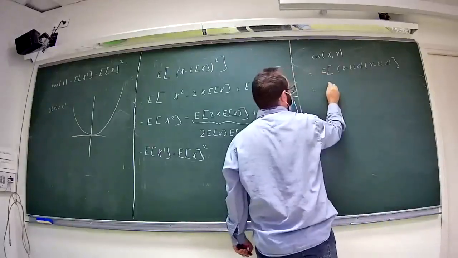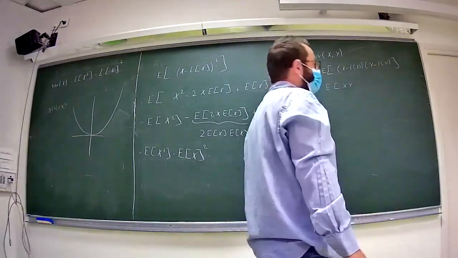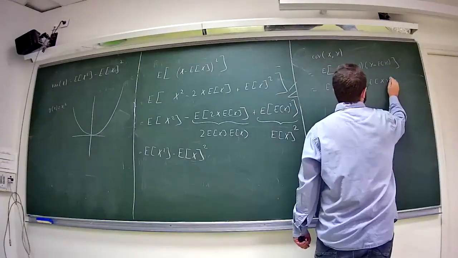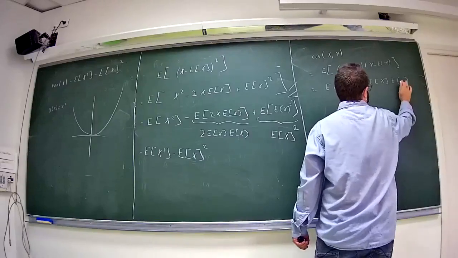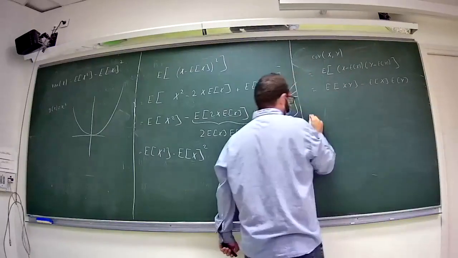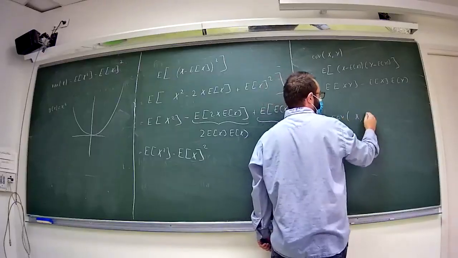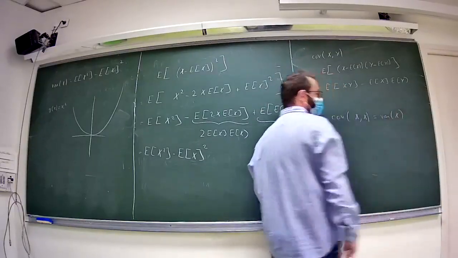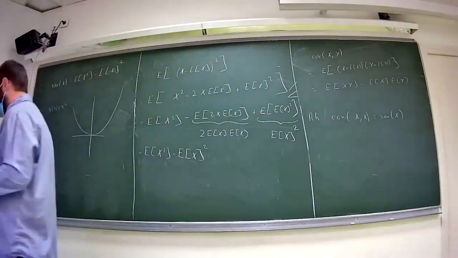This way, or the expectation of the product minus the product of the expectation. My remark is just that the covariance between x and x is in fact equal to the variance, from the definition I have written on the board.